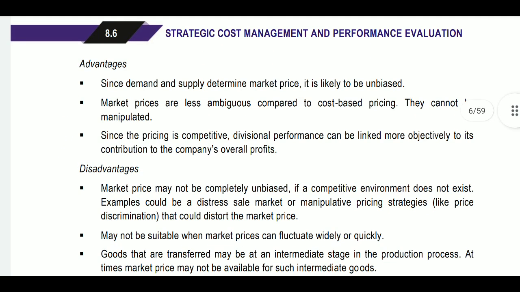What are the advantages? Since demand and supply determine the market price, it is unbiased, and the market price is less ambiguous compared to cost based pricing.